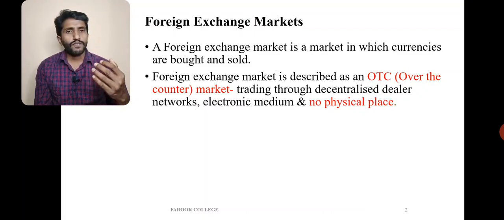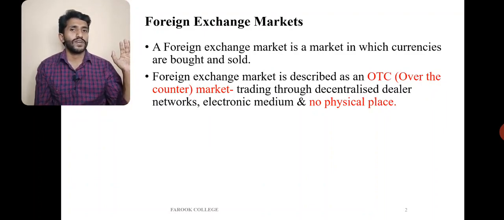So if we want to buy some product from a different country, using our own currency is not possible. If we are using Indian rupees, we cannot buy products from the US. To buy products from the US, we need dollars. So firstly we need to buy dollars, and only then can we use those dollars to buy products from the US.